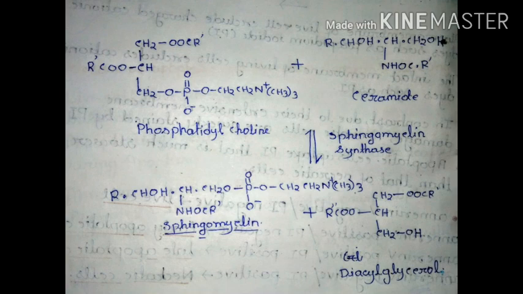So in the formation of sphingomyelin, sphingomyelin synthase is involved, and there is no requirement of ATP.